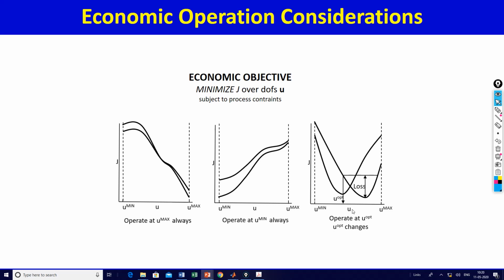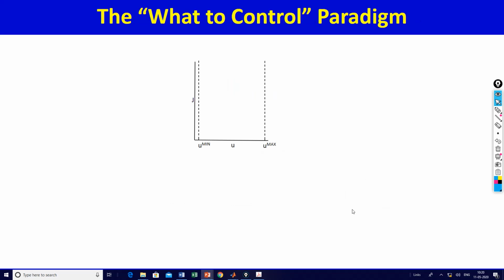Things get interesting when you've got shifting unconstrained optima, and this is where the what to control paradigm is very useful. It's very useful in this sense. As we discussed in the degrees of freedom chapter lecture, a process has n degrees of freedom.